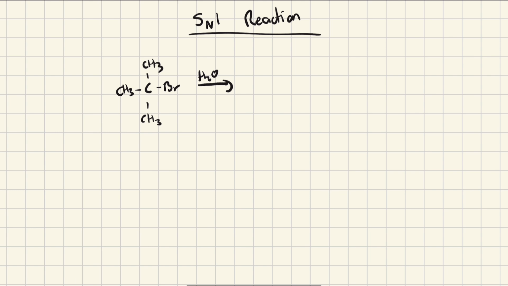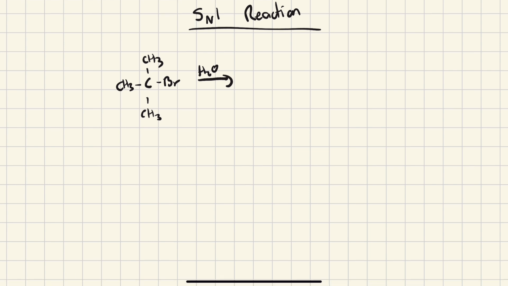Our first one is a tert-butyl group. We have 3 methyl groups attached to our central carbon as well as a bromine. Now, we don't see any nucleophile here, we just see that and our arrow with an H2O on top of it. Well, sometimes the solvent is also the nucleophile. This is called solvolysis. And in this case, water is both our nucleophile and also our solvent.